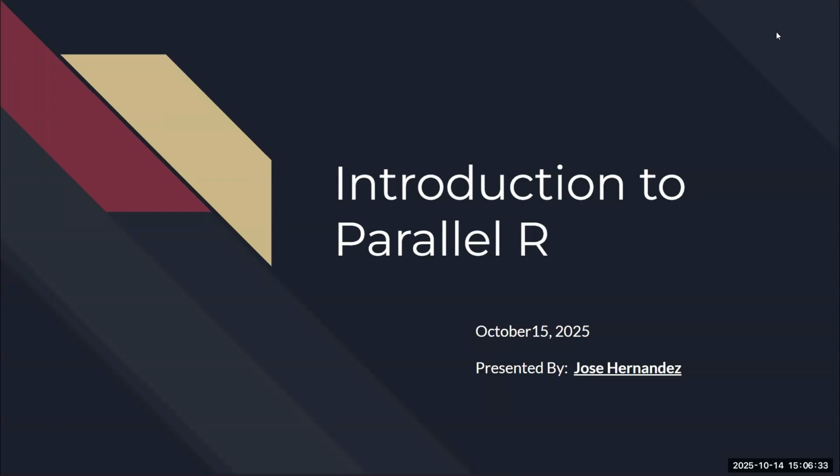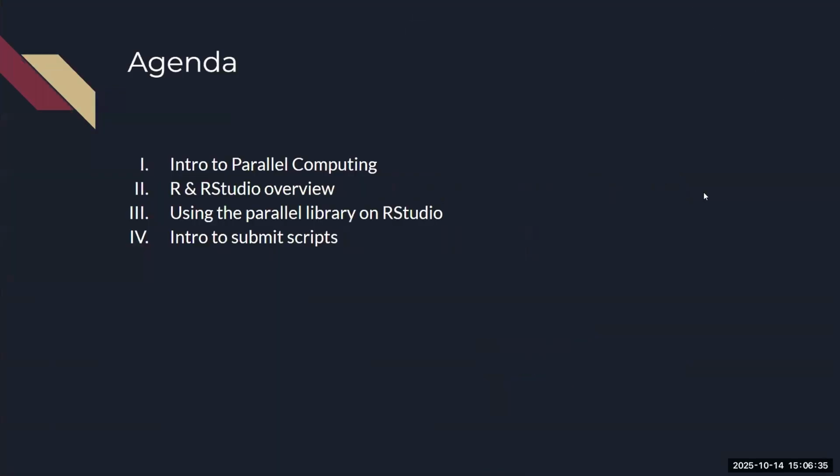Okay, so first things first. The to-do list for today. First, we're going to go into what is parallel computing, right? What do we mean when we say this? What does it mean to do parallel computing? Then we're going to go into an RStudio overview, right? For those of you familiar with R, this will be redundant, but we'll still talk about what is RStudio, how do we use it? Then we'll talk about the library Parallel, right? For those of you familiar with Python, for example, a library in R is similar to a package, right?